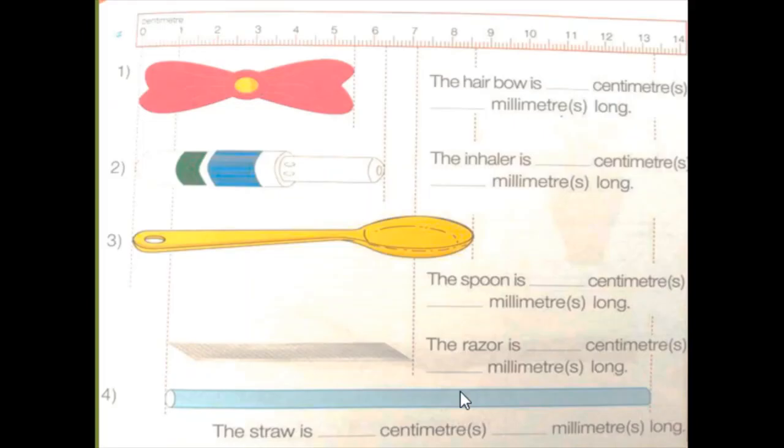Okay, this time let's have a short activity. You refer your answers to the ruler written up. You have 5 items. We have a hair bow, an inhaler, a spoon, a razor, and a straw.